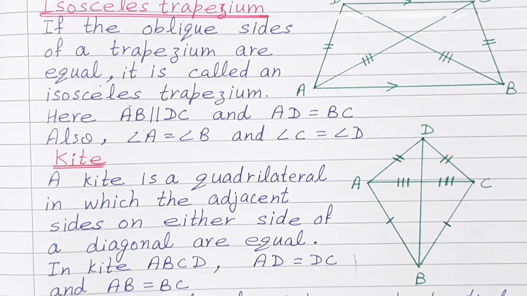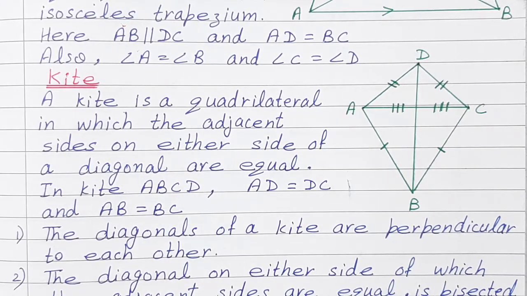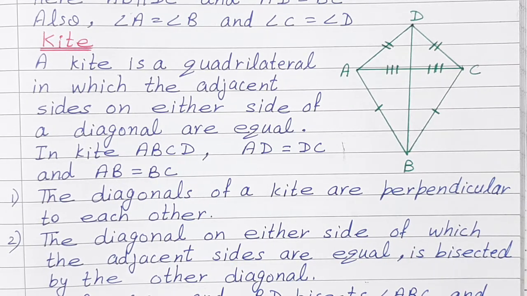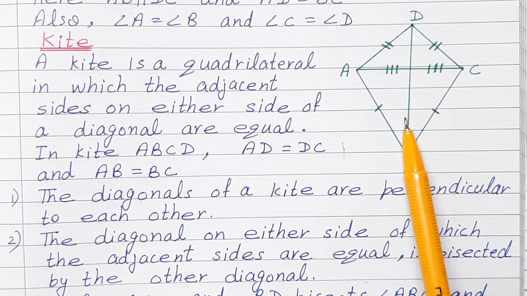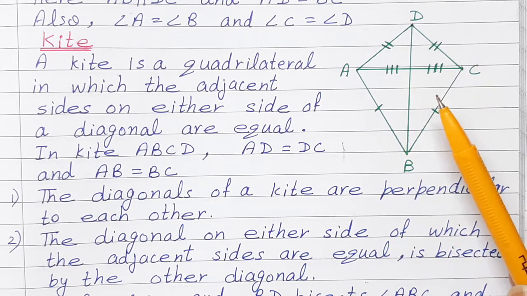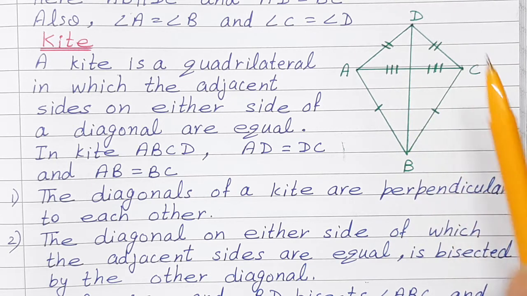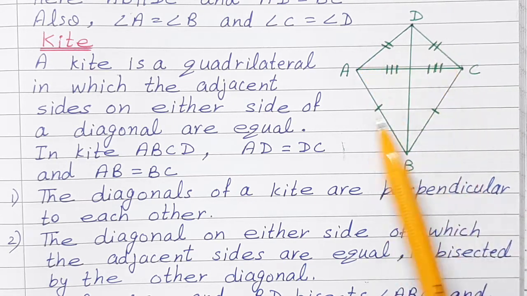Now, let us discuss the kite. So you can see the shape of a kite. You can say a kite is a quadrilateral in which adjacent sides are equal.